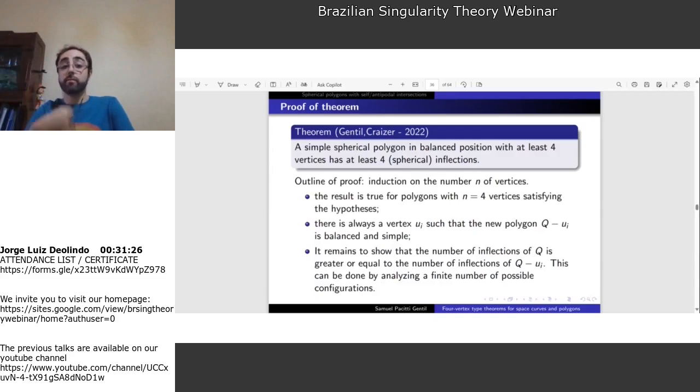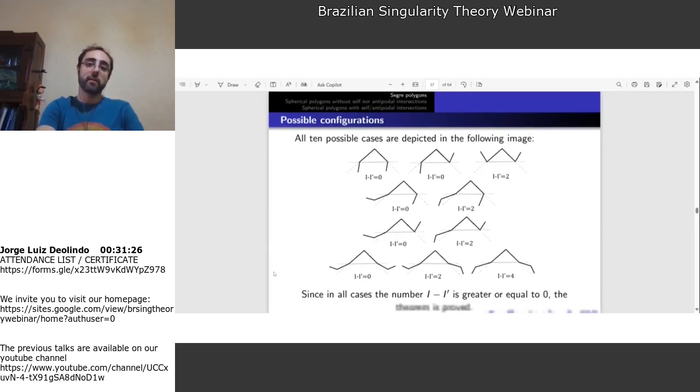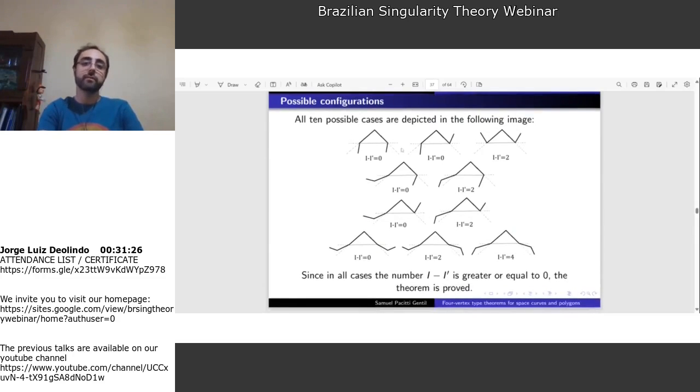We can do that by analyzing a finite number of possible configurations, all of them up to symmetry. All of them are here, and if you check carefully each of these situations, the number of inflections of the original polygon minus the number of inflections of the new polygon is always greater or equal to 0, and therefore the theorem is proved.